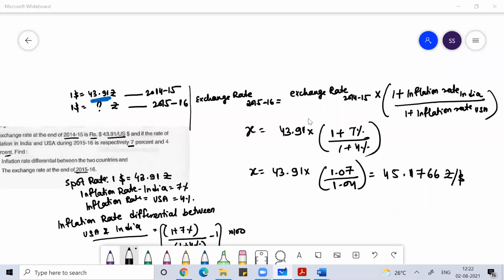See this, guys, so this will be the exchange rate at the end of 2015-16. Very simple.